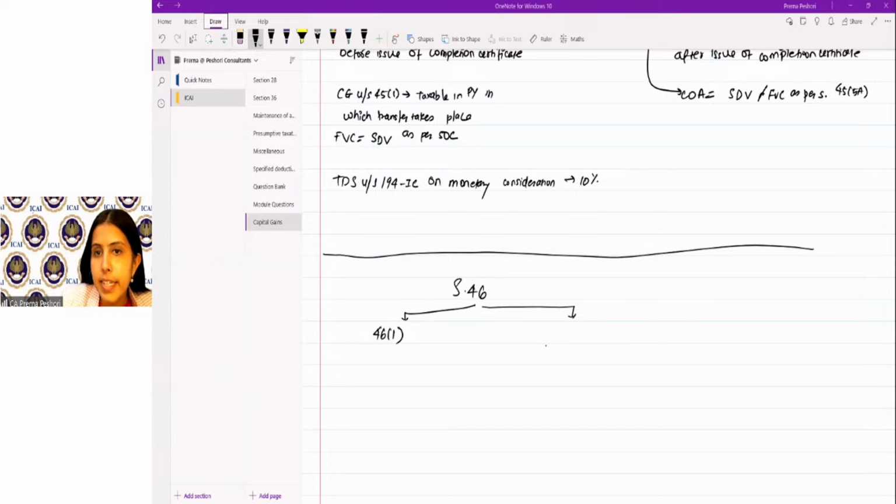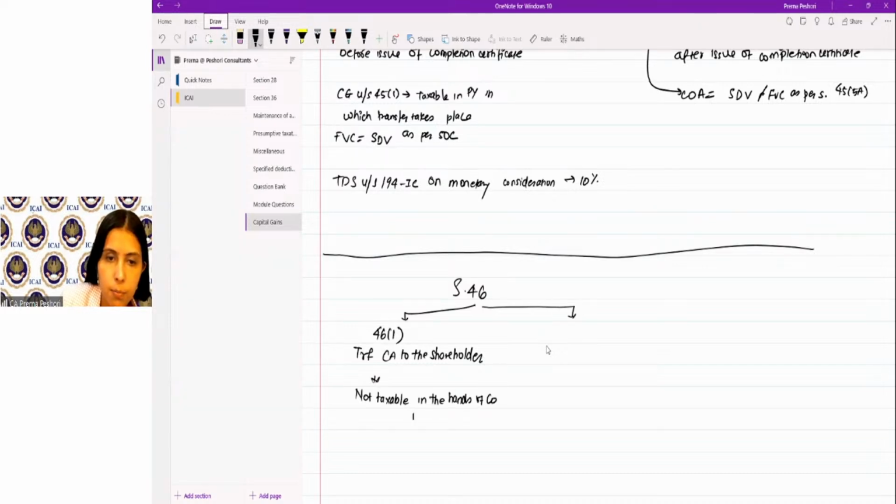So, in case the company which has gone into the liquidation transfers the capital asset to the shareholder, 46(1) says this is not taxable in the hands of the company under section 46(1).